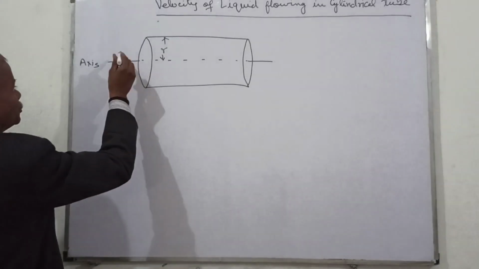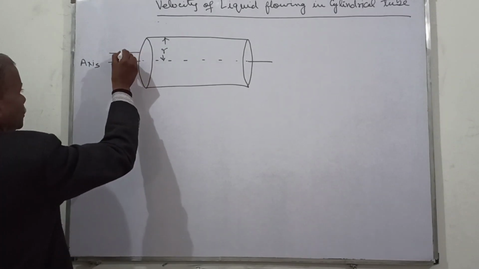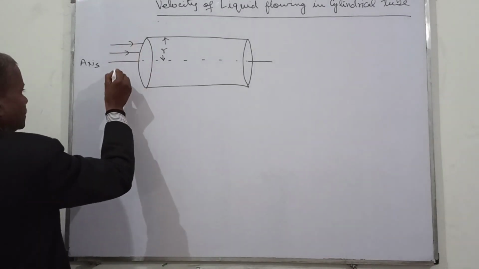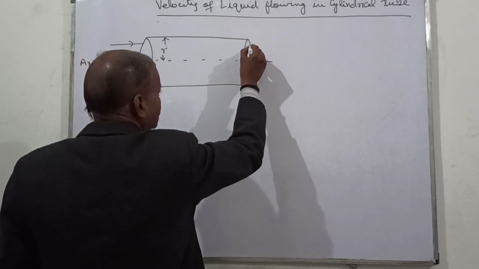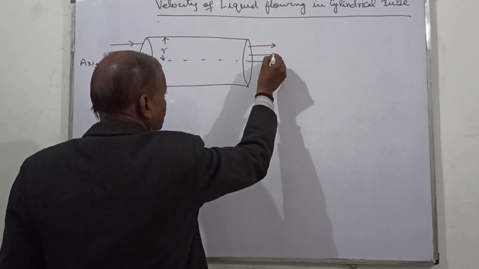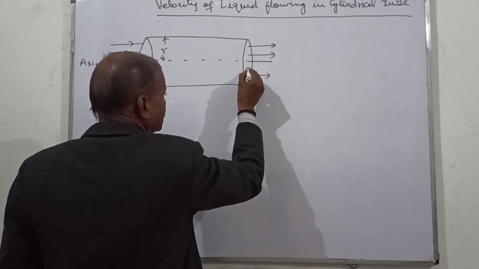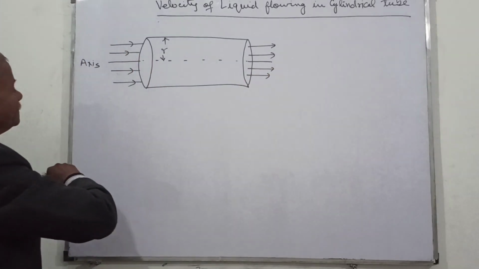Now liquid is flowing through this one. This is now the flow of the liquid, like this.